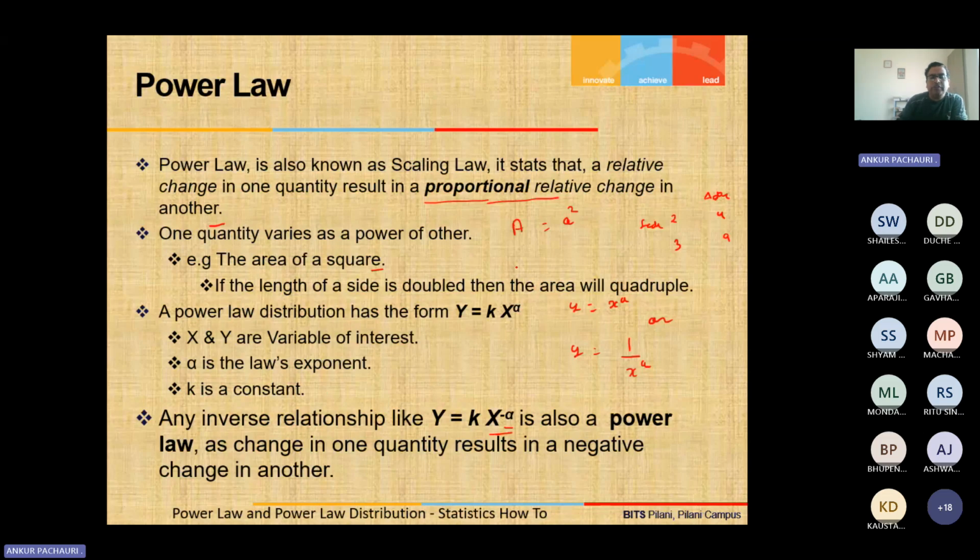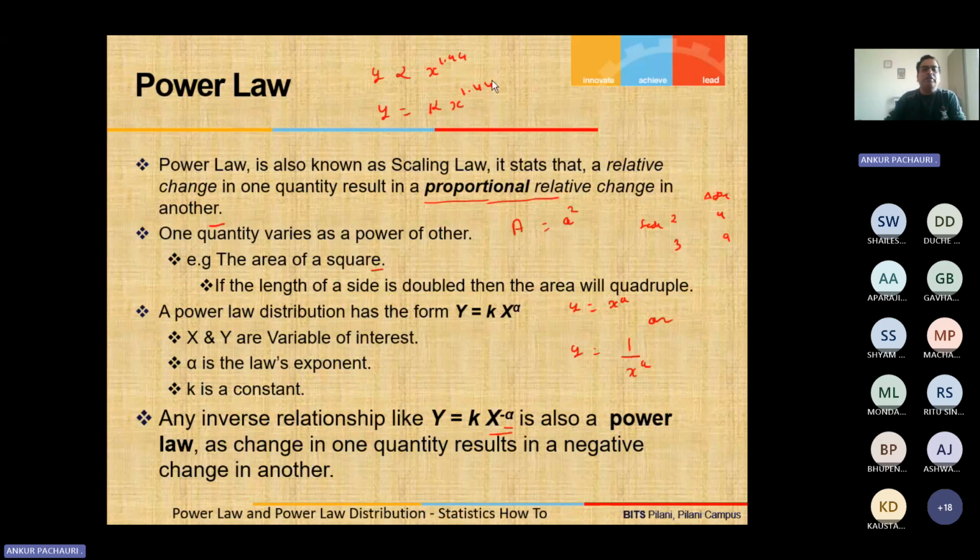Okay. In general, whenever we say y is proportional to x to the power 1.44 something, usually we write y equals k x to the power 1.44, as we used to do earlier.